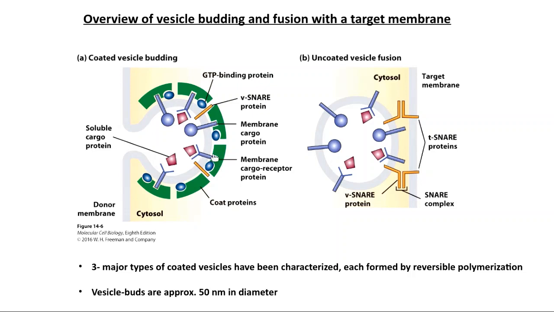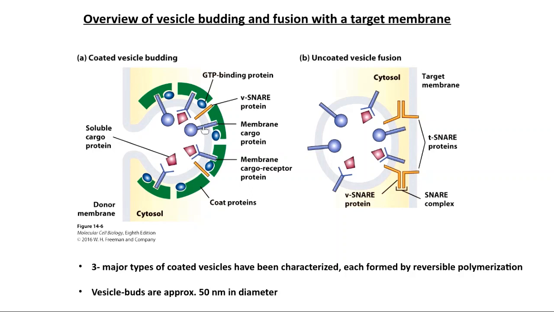So membrane cargo proteins are the proteins which remain part of the membrane itself. Those are recruited from this. These membrane cargo proteins earlier used to be part of the donor membrane, which now becomes part of this vesicle membrane, which after fusion to the target membrane will become part of the target membrane itself.